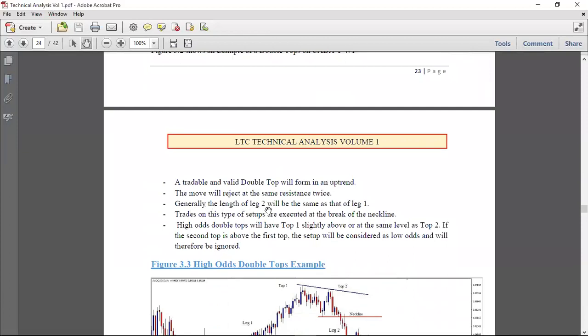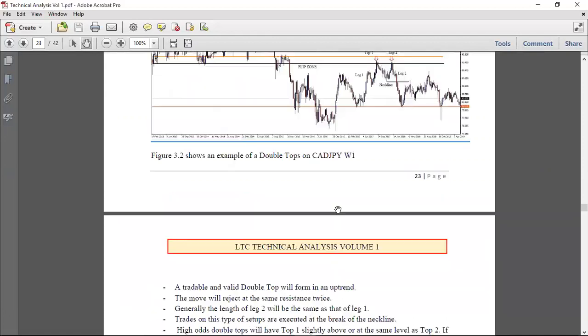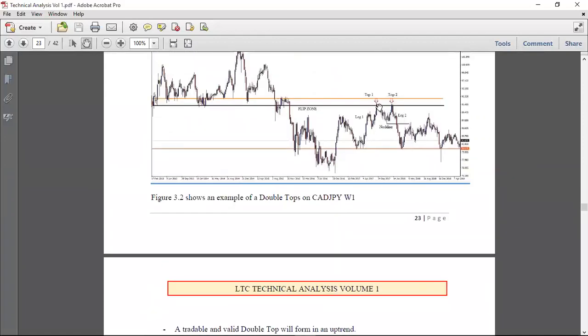Generally, the length of leg 2 will be the same as that of leg 1. So if this is leg 1, if this is 100 pips, leg 2 will also be 100 pips. But that would be if they are rejecting at the same price.